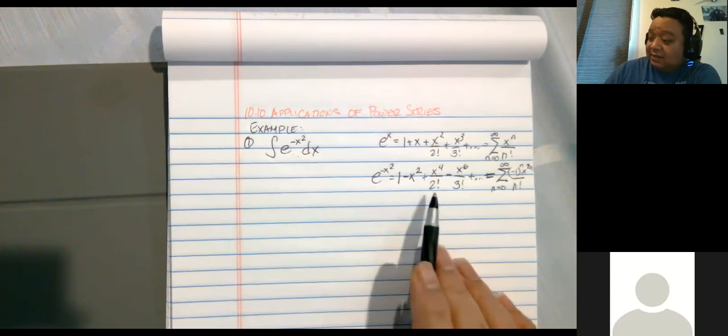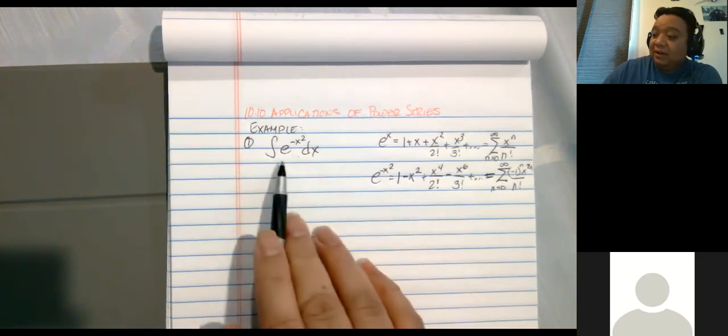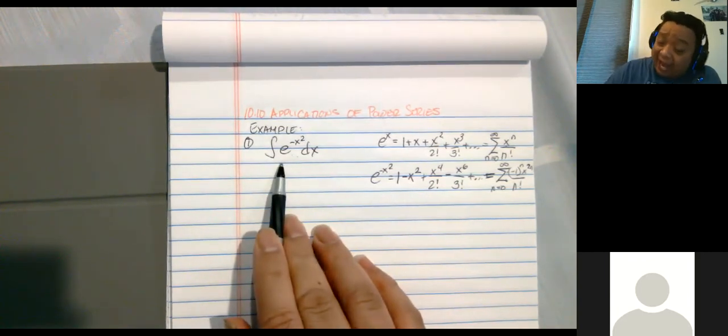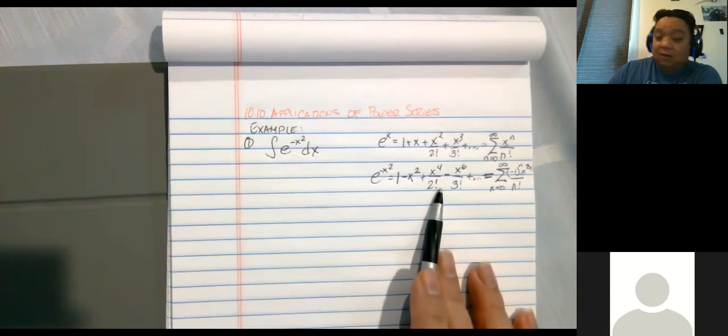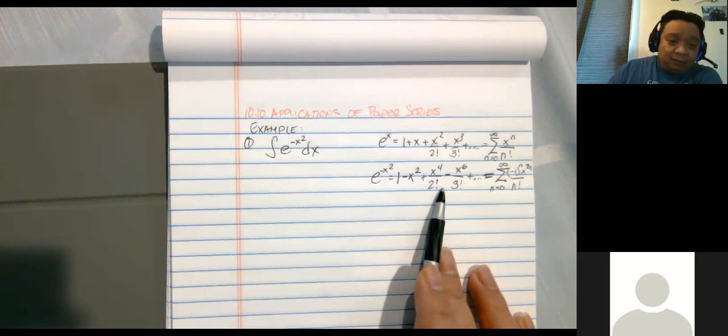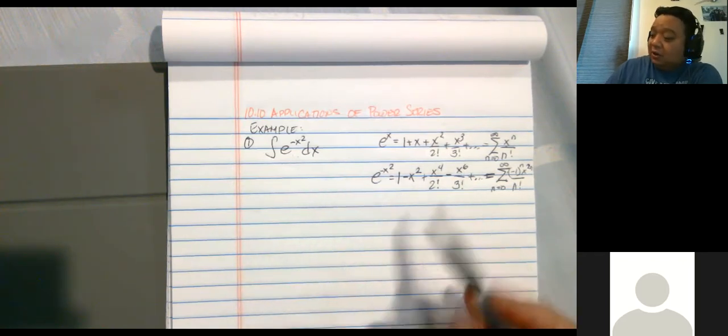And so this is now what you integrate. Instead of integrating e to the negative x squared, which we can't, this is now what you integrate, which is a polynomial. And so we know how polynomials work. To integrate a polynomial, it's simply doing the power rule.